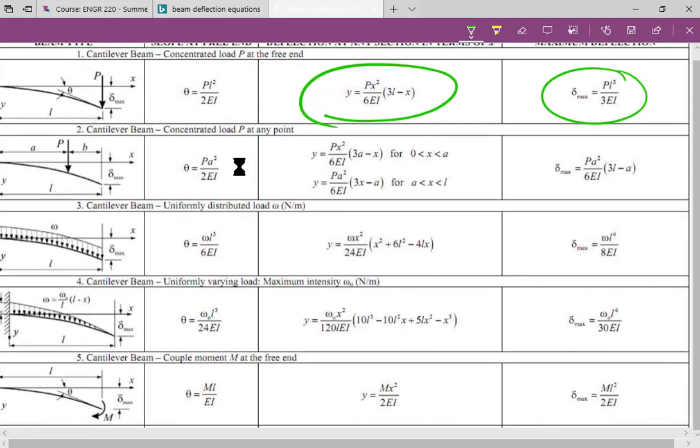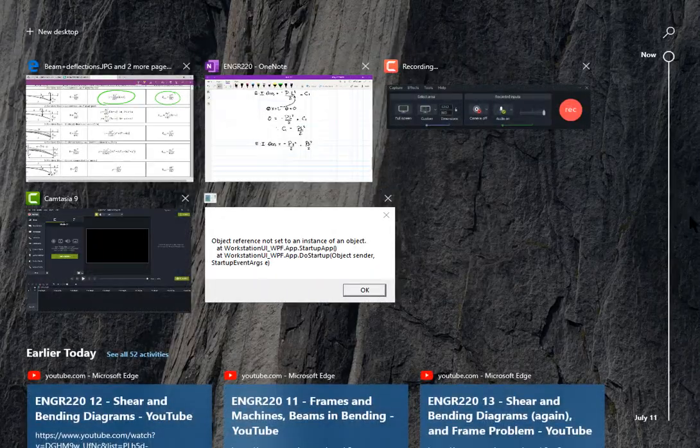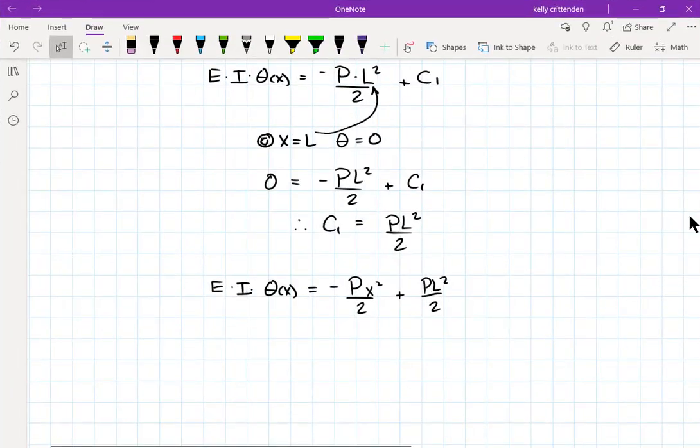When they're simply supported beams, then sometimes they'll give you the slope at either end of the beam, because it might be different if there's a point load that's off center. They might have different slopes. Looks like these are all cantilever beams though, so they're giving you the slope at the free end, which is the maximum value for us.